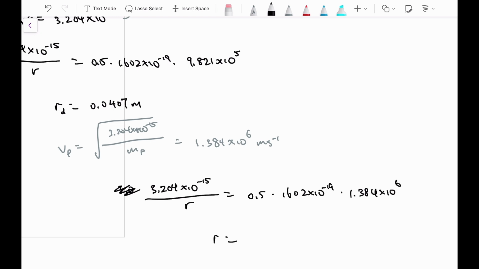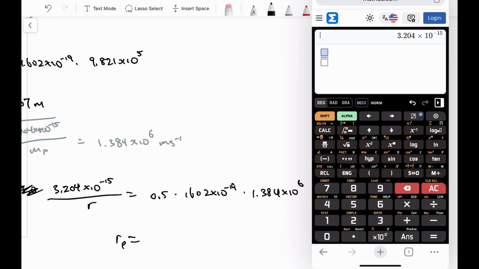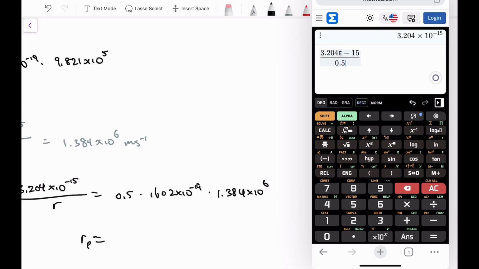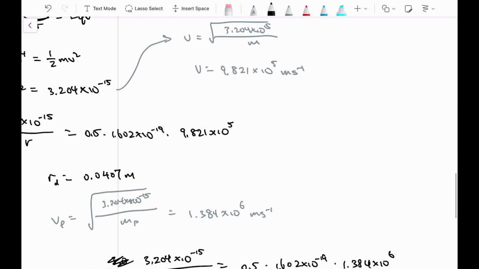And so therefore we can calculate r for the proton, and that will be equal to 3.204 times 10 to the minus 15 over, this is elementary charge, 1.6 times 10 to the minus 19, and then times the speed, and that is equal to 0.0289 meters.